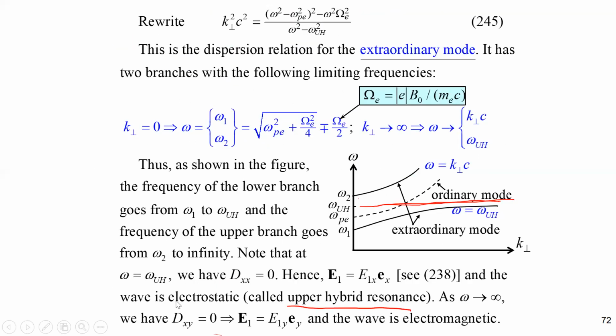Go back. We have dxx, another extreme. E1 equals E1y, and the wave is electromagnetic. So this one will become electromagnetic when omega is very large, and this one will become electrostatic wave. Very interesting.